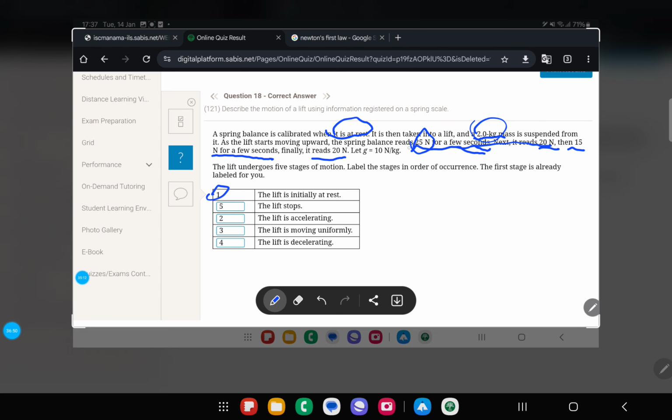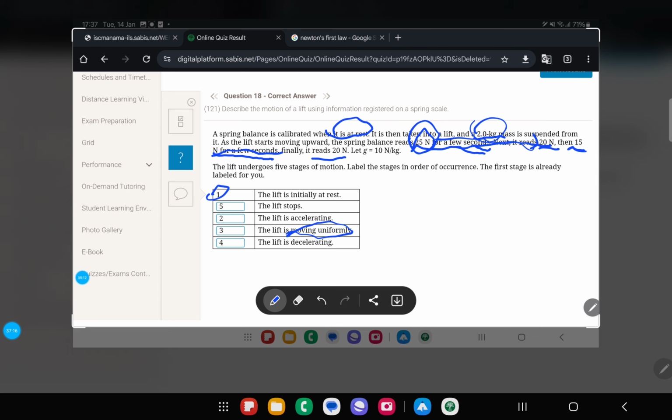Okay, so it started as 25 Newton, then to 20 Newton. That means it's accelerating. Okay, for the third one, the lift is moving uniformly. Now it's saying 15 Newton for a few seconds. For those few seconds, it's moving uniformly. Got it?